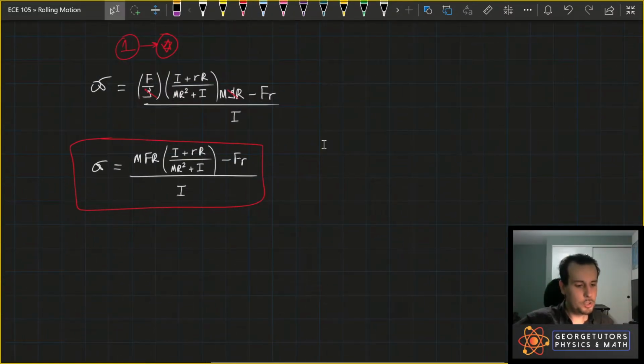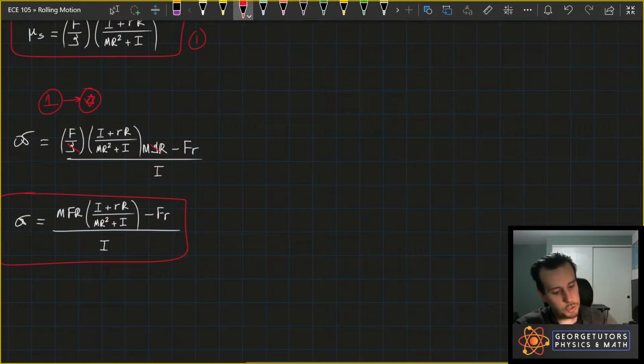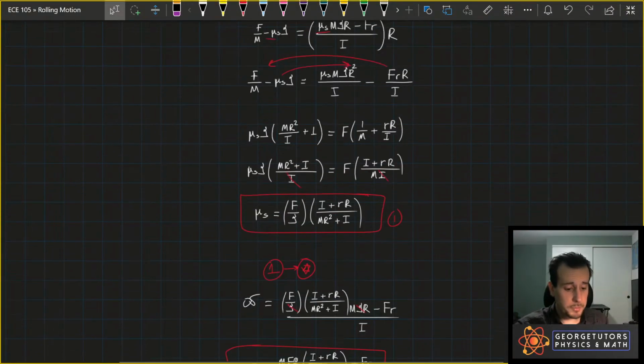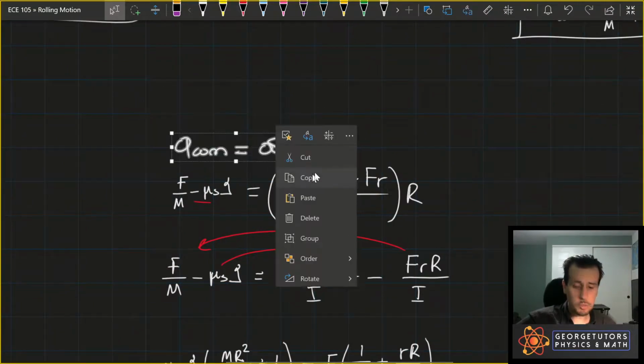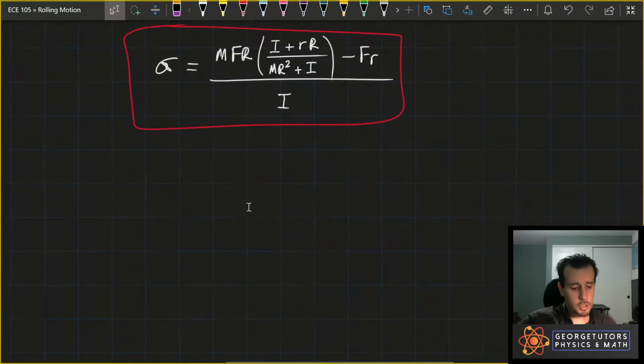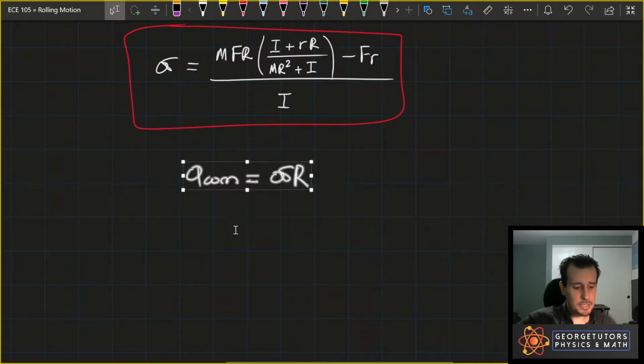So the last thing, of course, that we wanted to determine is the linear acceleration. You'd think that I would probably just take equation 1 and plug it into 2 star right now, but there's a faster way than that. Recall that we're rolling from the get-go, so we obey this equation, right? We always roll from the get-go. So what you can do to determine a_COM is very simple.